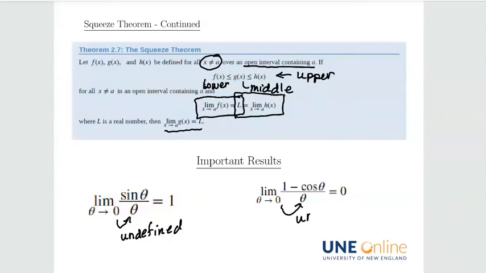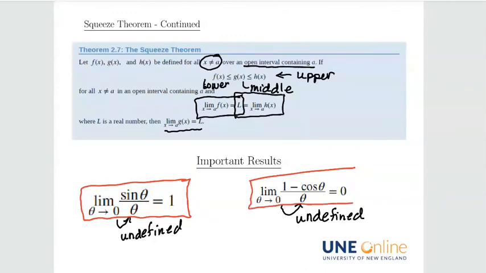This would also be undefined. As you work through your examples in the book, they'll show you exactly how this came out, but two important results are that the limit as theta approaches 0 of sine of theta over theta is equal to 1, and the limit as theta approaches 0 of 1 minus cosine of theta divided by theta is equal to 0. These are two that are worth keeping in mind as you progress through the course.